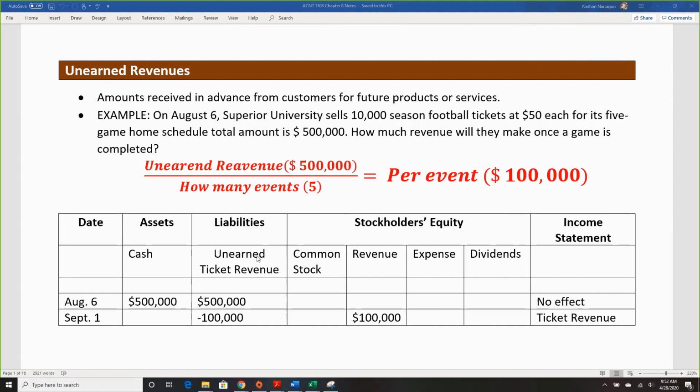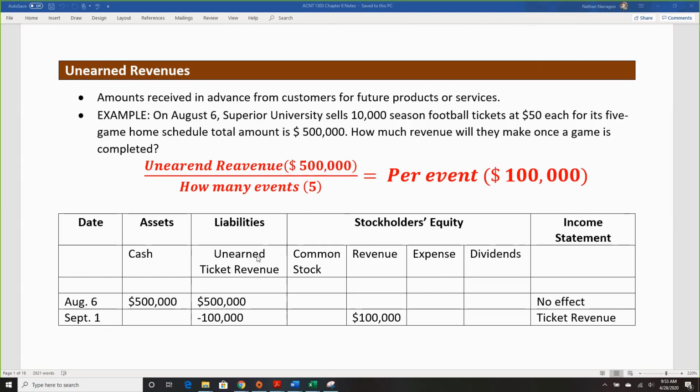When we look at this, this is always pretty much related to deposits. Basically, the customer gave us some money for a future event or service or buying a product that we have yet to complete. A lot of times, the best examples are sports events or concerts.